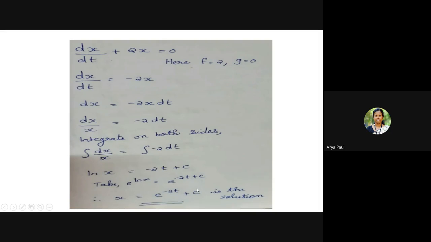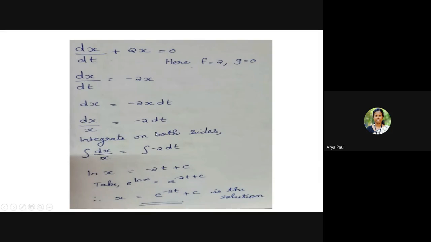E raised to c is again a constant, which we can call again a constant c. So c into e raised to minus 2 times t. So what is the solution? Solution x is equal to a constant into e raised to minus 2 times t.